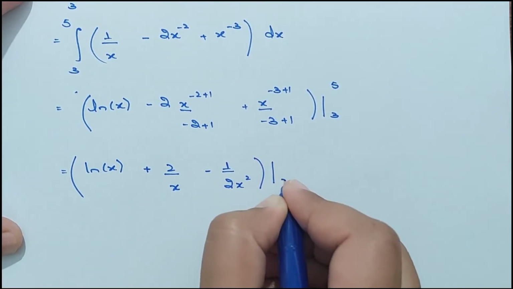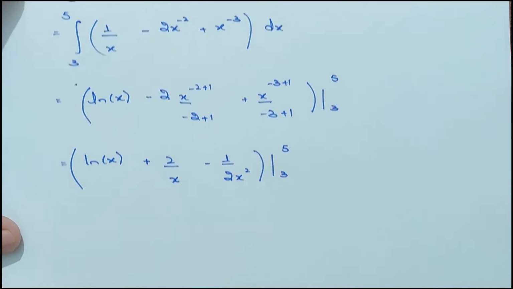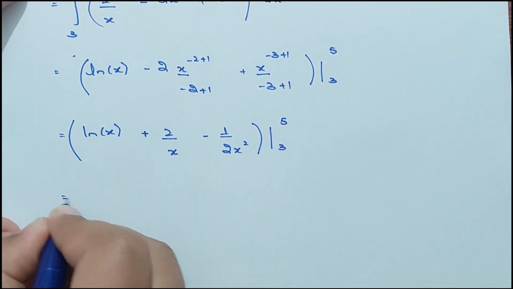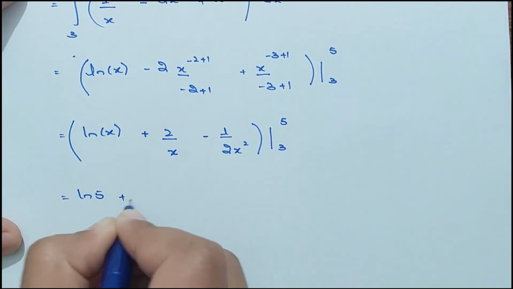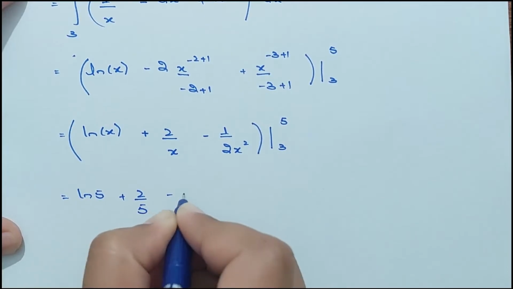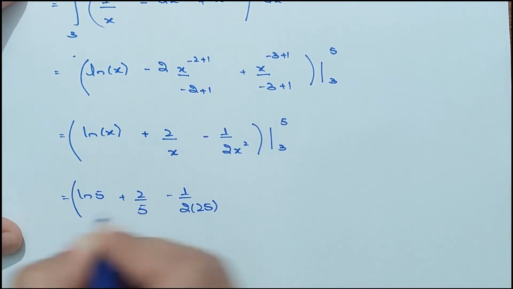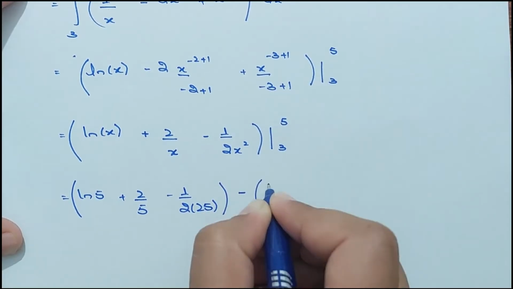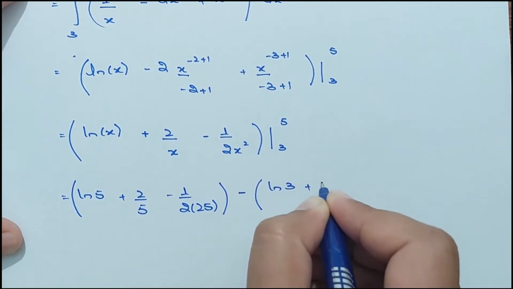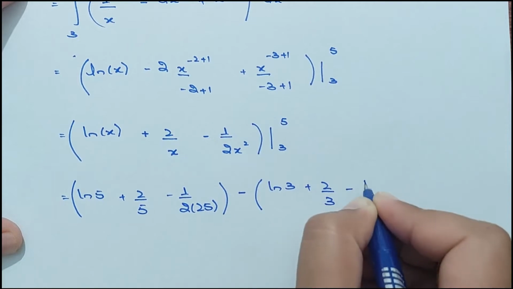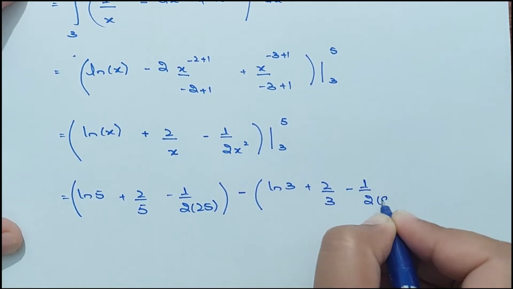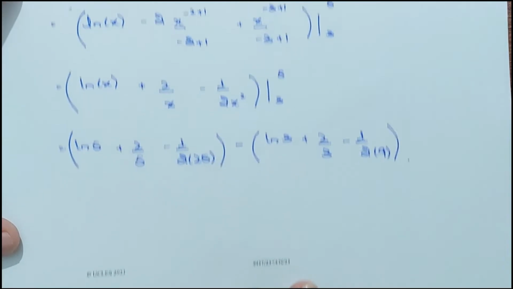Now applying the limits from 3 to 5 and simplify, right? So ln 5 plus 2 by 5 minus 1 by 2, 5 squared is 25. This is the upper limit, minus the lower limit, ln 3 plus 2 by 3 minus 1 over 2, 3 squared is 9, right?